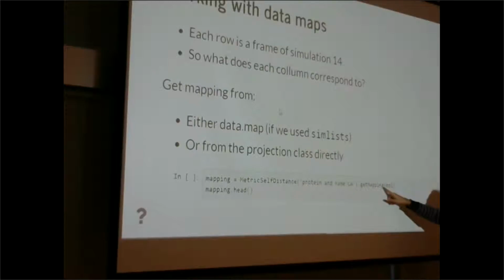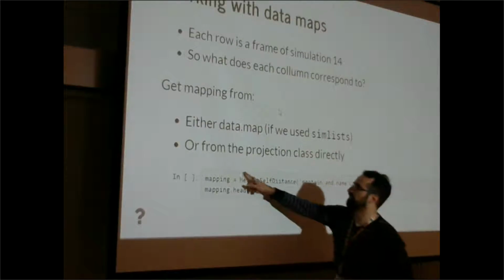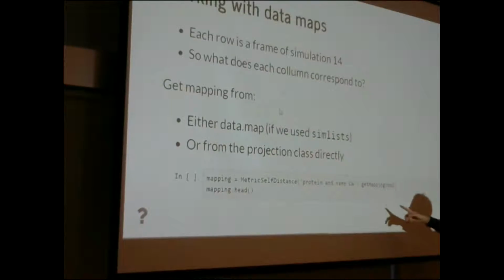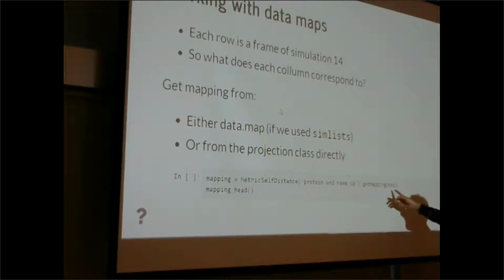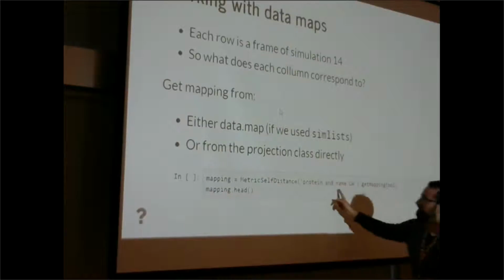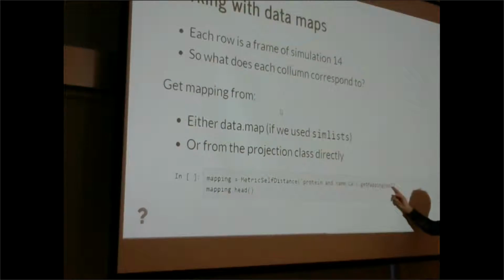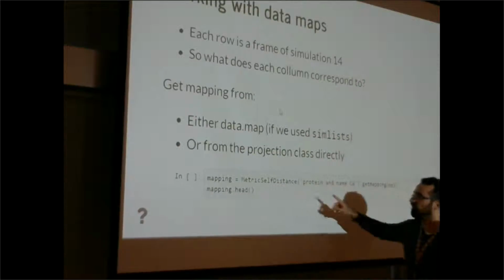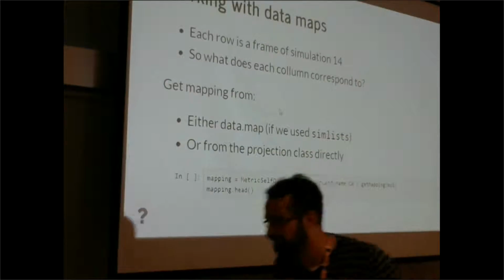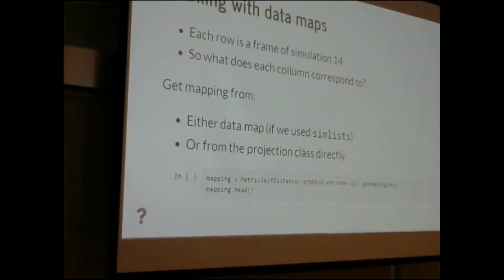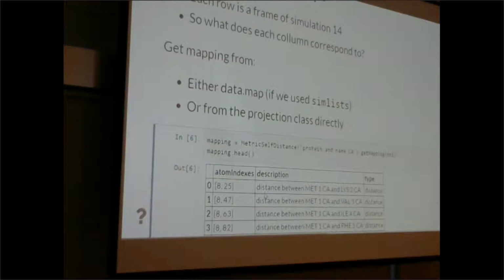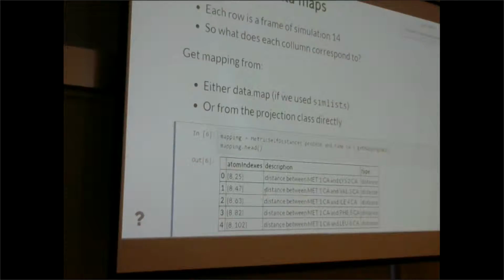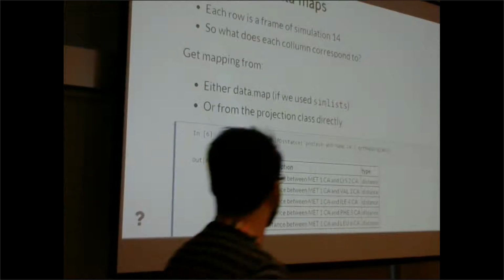But basically we can use this method called get mapping for a given metric that we use. In this case we are using self-distance. Let me give you an example of what this means when you do the projection, okay?